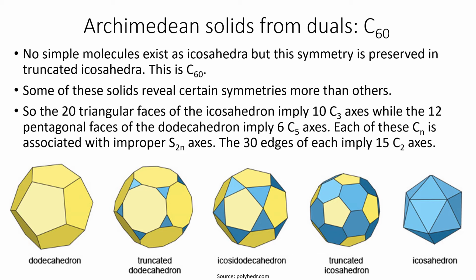One of the curious things is that these n-fold axes we can associate with these improper rotations of 2n. And the reason for that is that in both of these shapes we've got these polygons with an odd number of sides. We've got a pentagon in the dodecahedron, we've got an equilateral triangle in the icosahedron.